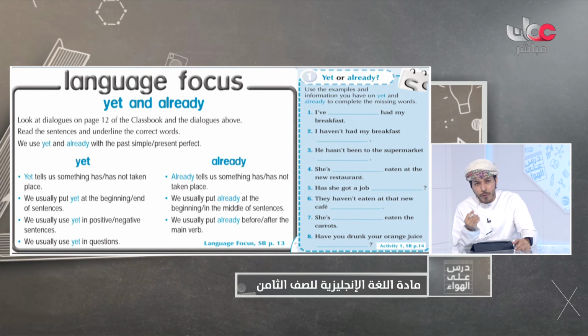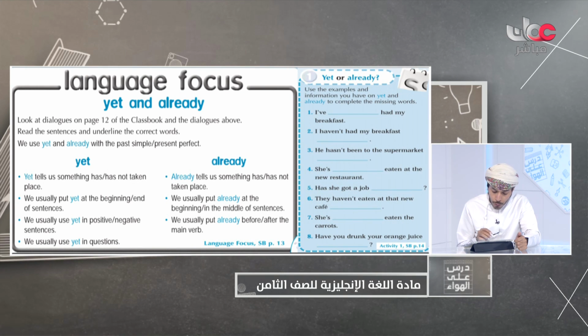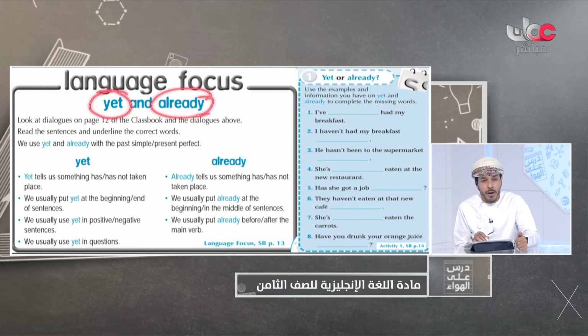Now, we have reached the last part of our lesson, but here I would like your attention just to see this language focus box that we have here, and we have two main things that we can use specifically in a present perfect, and also sometimes we can use them in past simple, but not that much.